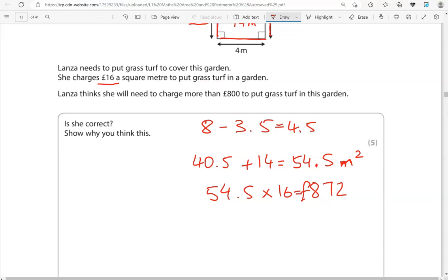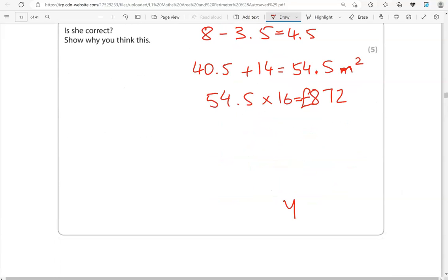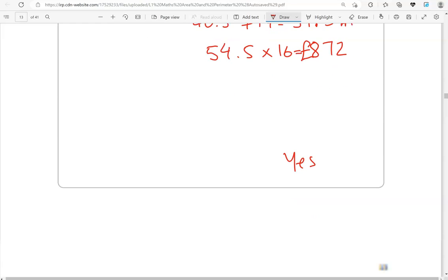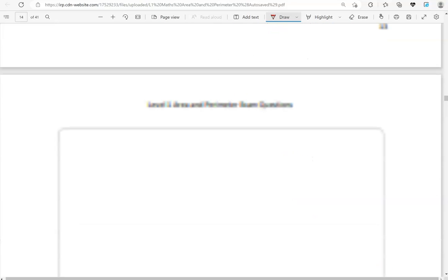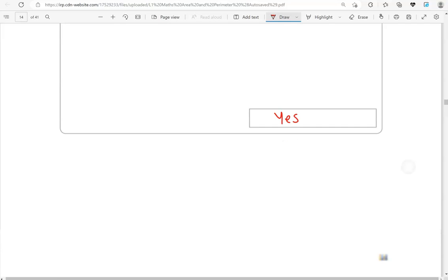So she thinks that she will need to charge more than £800, and that is correct. I'll need to put here yes as the final answer.